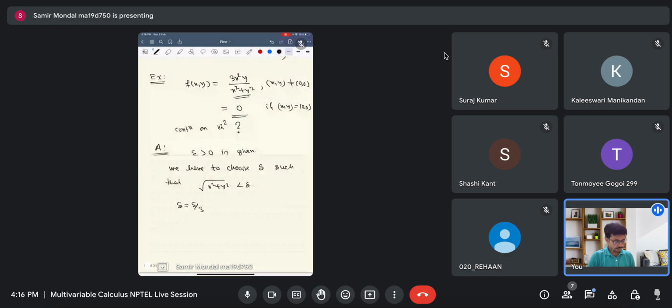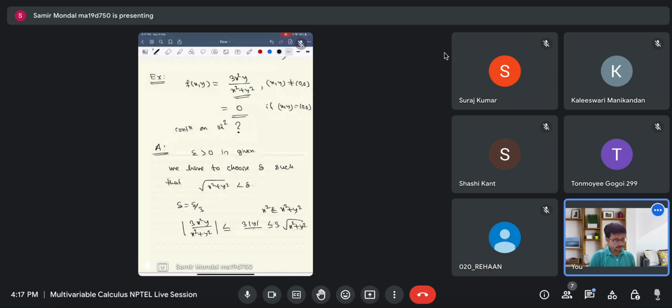So here 3x square by y is all given. This is less than or equal to, we can write this as x square plus y square. From here we can write it as 3 mod y, and mod y is also less than or equal to 3 root of x square plus y square.